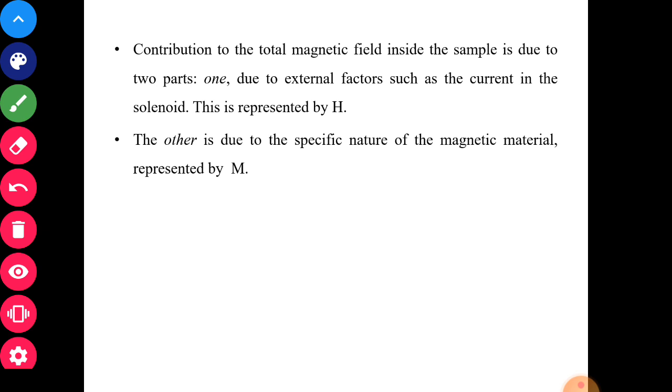Now we can understand that the contribution to the total magnetic field inside the sample is due to two things. One is due to external factors such as current in the solenoid. Try to understand how the magnetic field is produced in the solenoid.